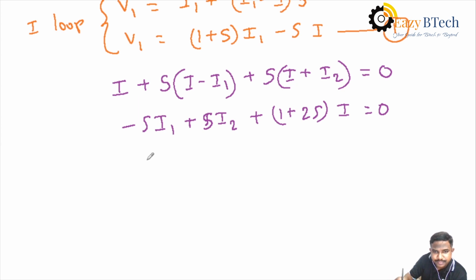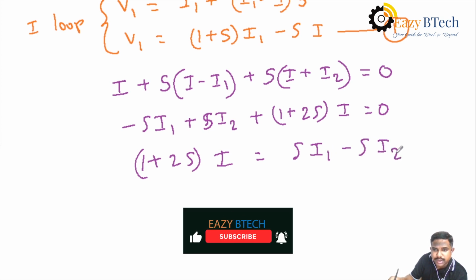That means (1 plus 2S) into I equals S into I1 minus S into I2.